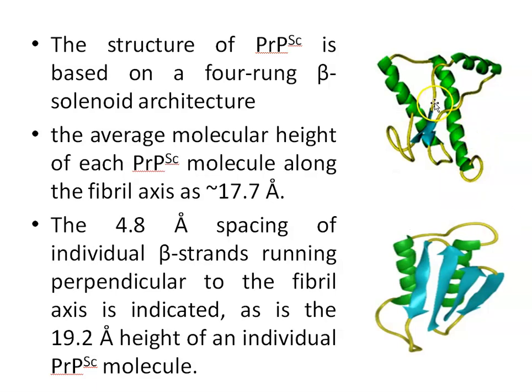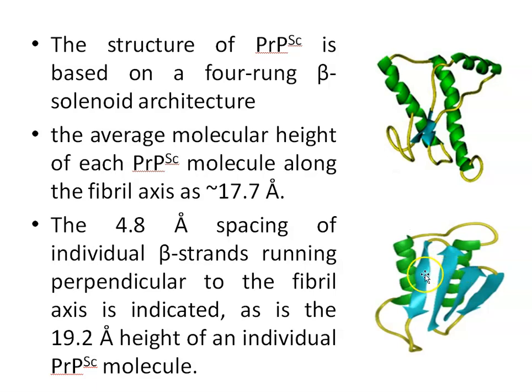Now, look at these two figures. This is the structure of the normal form, that is PrPc. And this is the structure of the disease-causing form, that is PrPsc. So you can compare both structures of these two forms, how it looks after conversion. The structure of PrPsc is based on a 4-rung beta solenoid architecture.